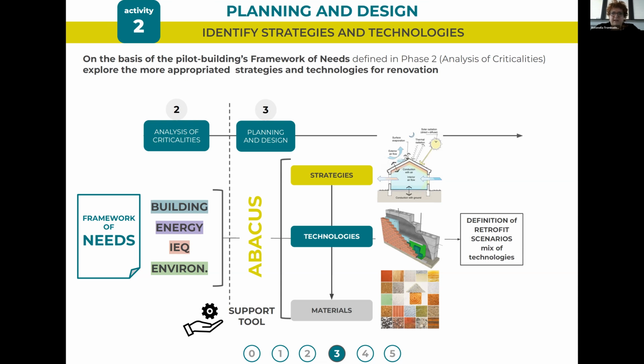Another scale is the material level. So it's possible not only to define strategies and to set technology, but also to investigate materials according to the environmental target and according to the object of our retrofitting action.